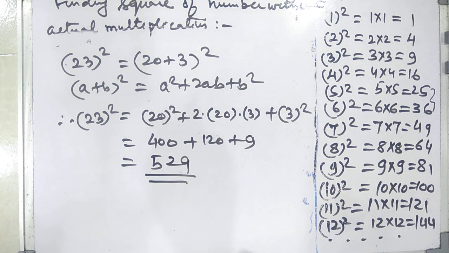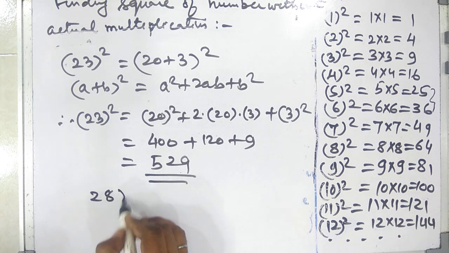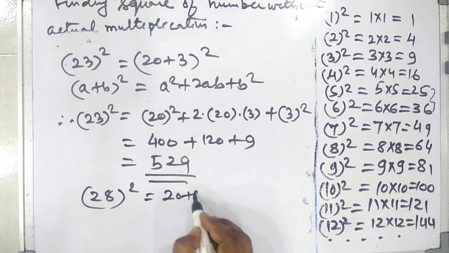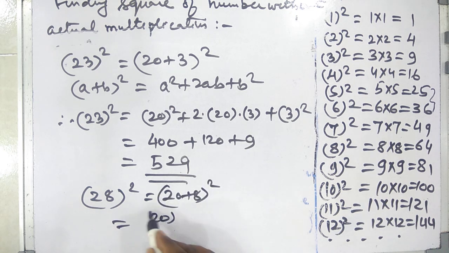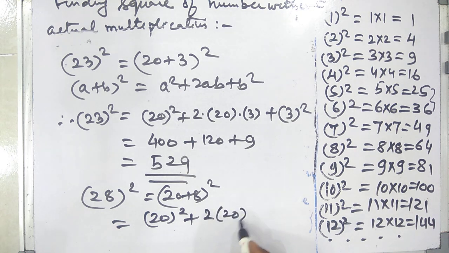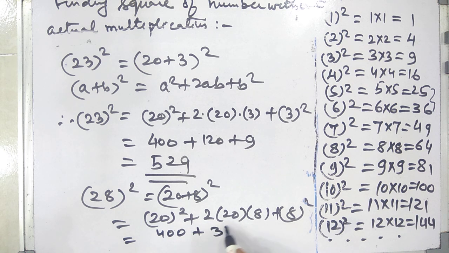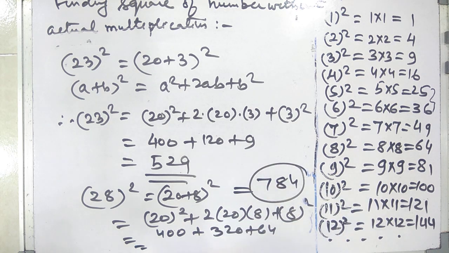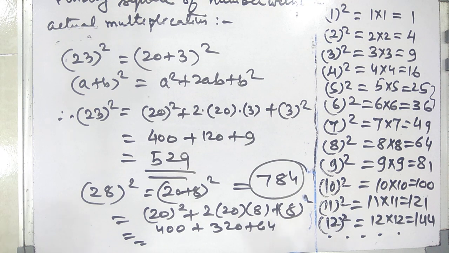So students, for any one number given, for example 28 square, it means 20 plus 8 whole square, which is 20 square plus 2 into 20 into 8 plus 8 square, equal to 400 plus 320 plus 64, so this is equal to 784, students. With this technique we can find squares, students.